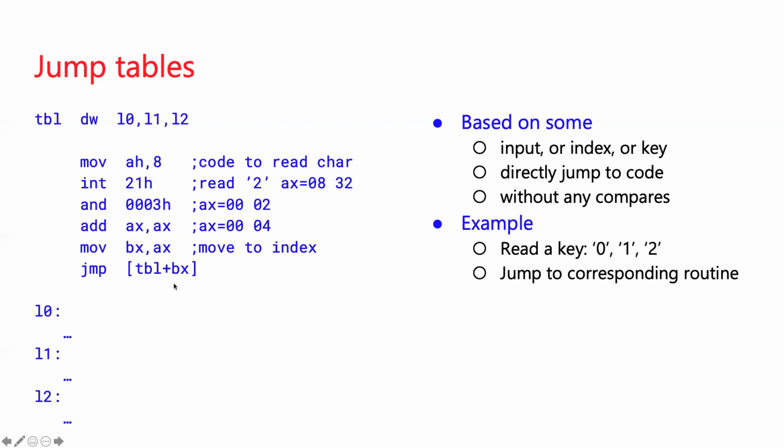Now, if we use that as the target of our jump, it'll go get whatever's in this table, and it'll set that as the new instruction pointer. And if the offset gives us L0, that's where we'll jump to right after this. If it gives us L1, that's where we'll jump to right after this. This is the first time we've used something besides just a literal label as a target for a jump.